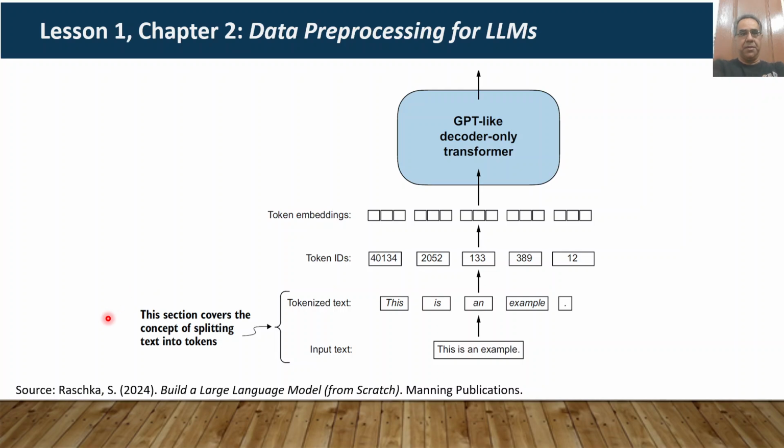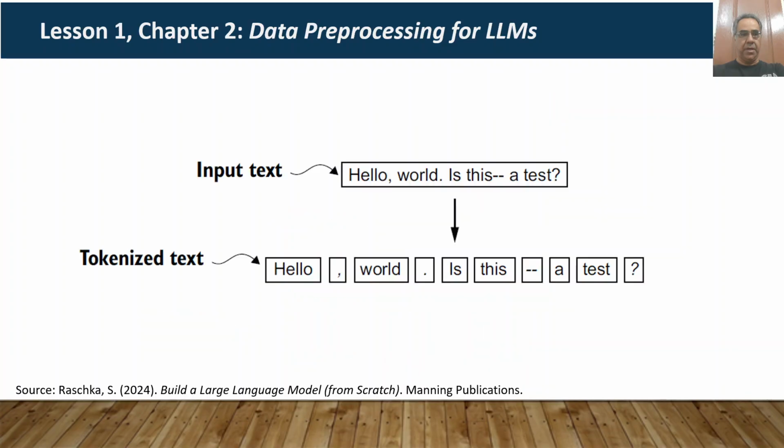The first step in preprocessing is named tokenization, where we split the input text into individual tokens, which are either words, subwords, characters, etc. As an instance, consider the tokenization scheme we showed in this figure.